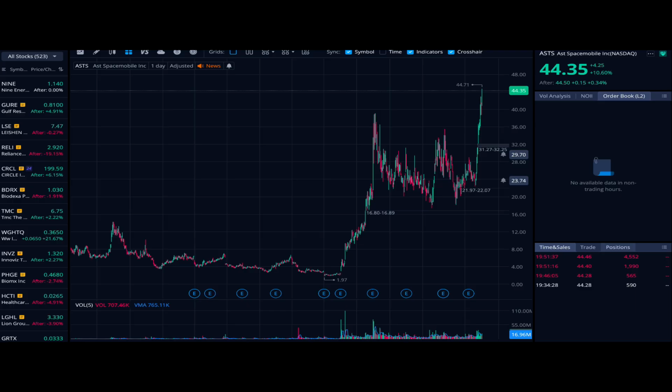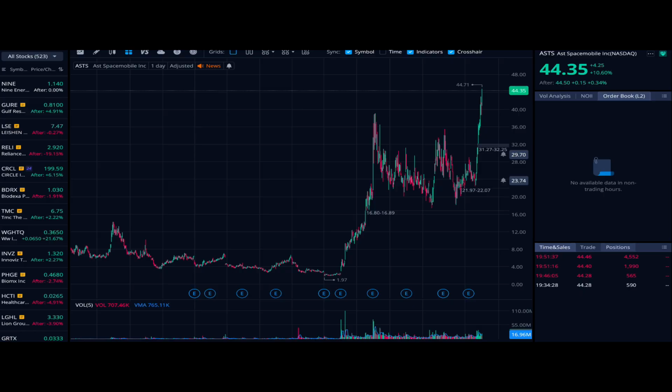Now, ASTS is a big, well, I won't say a big player, but a player in the space. ASTS is trading at 44.35 with about a 10.5% gain in strong volume. This combination suggests healthy momentum without the risk associated with crowded or extended trades.